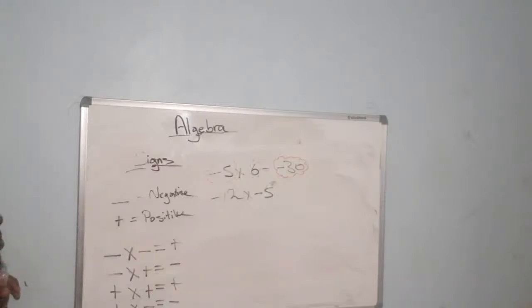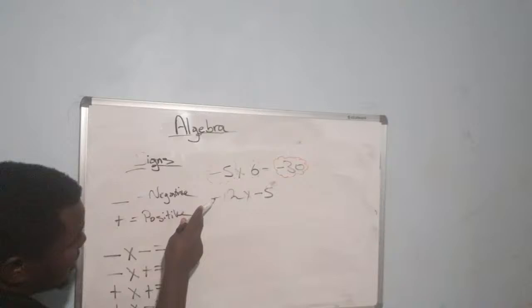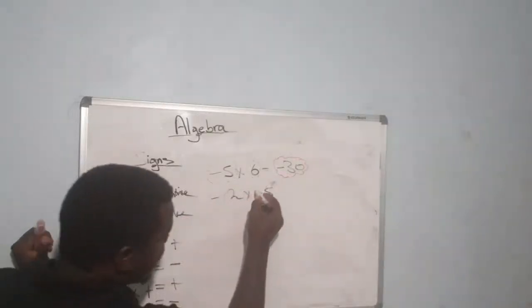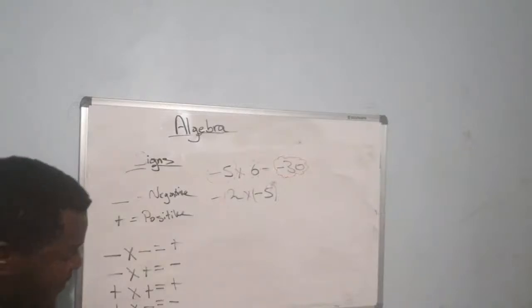Alright, so remember now, it's a negative 12 times a negative 5.